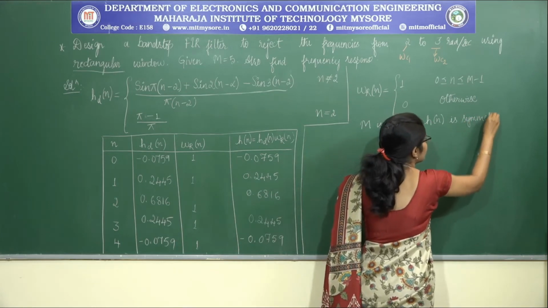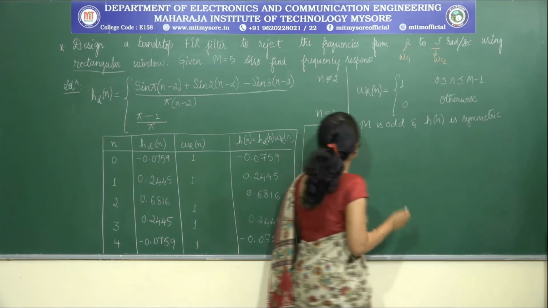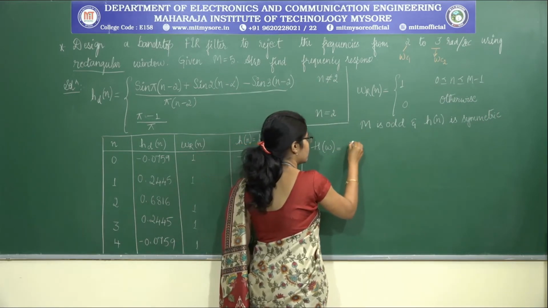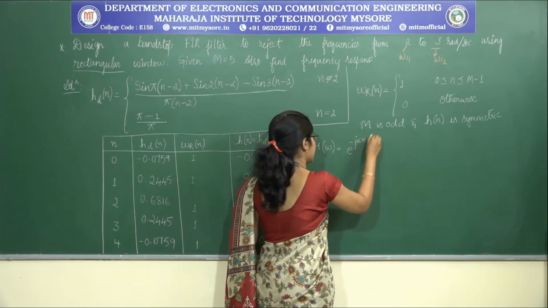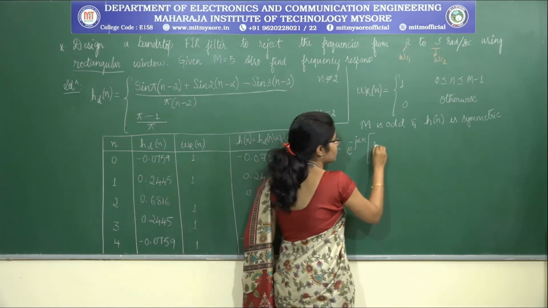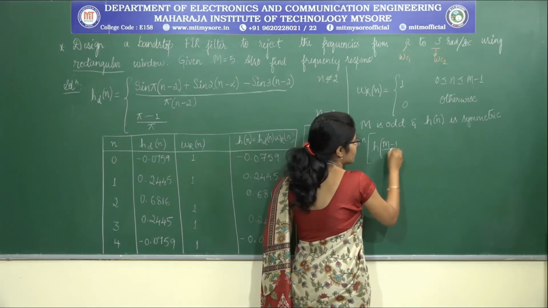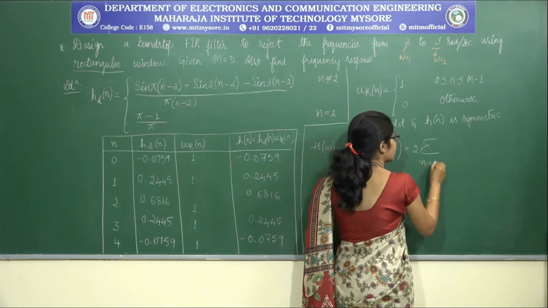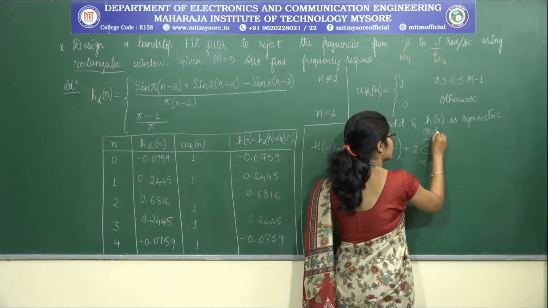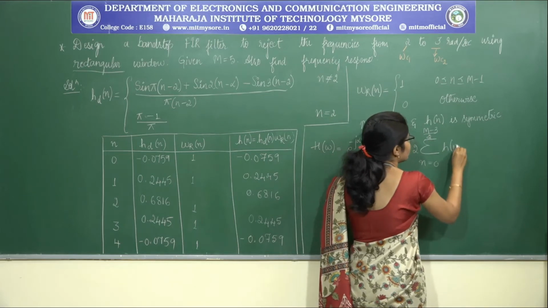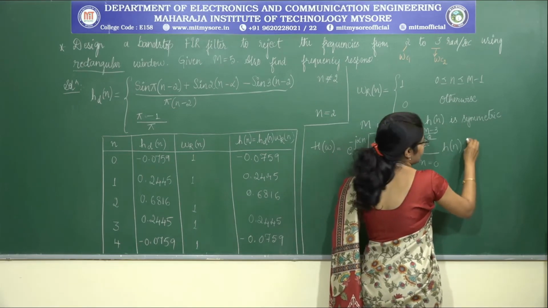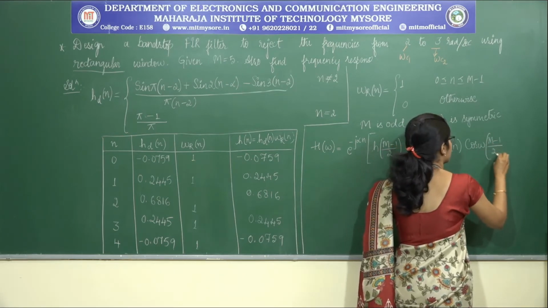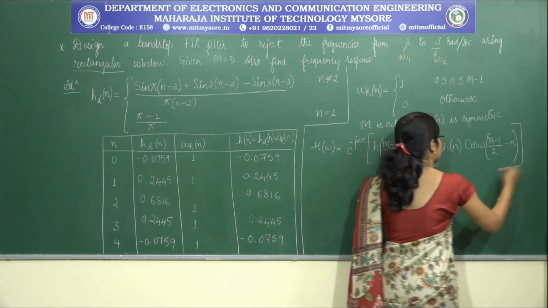Under this condition, we know the formula for frequency response, that is H of omega will be equal to e power minus j alpha omega into h of (m minus 1) by 2 plus 2 into summation n ranging from 0 to (m minus 3) by 2 of h of n into cos omega ((m minus 1) by 2 minus n).